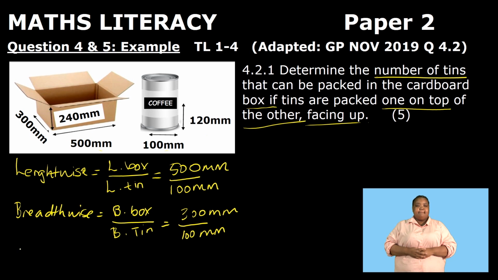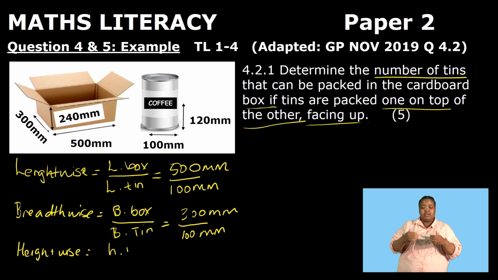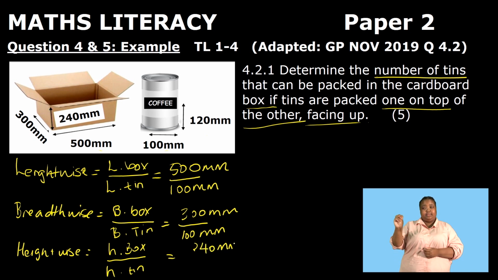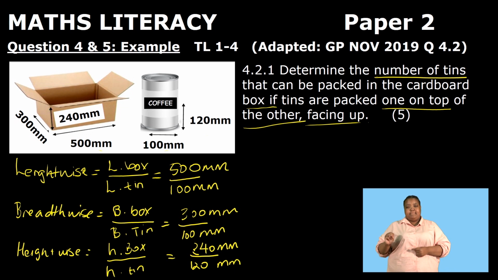Then we are going to have our height. So we're going to have height wise. With height, we are going to take the height of a box, divide by the height of a tin. So this would be 240 millimeters divided by 120 millimeters. So now these are the dimensions that are given to us.